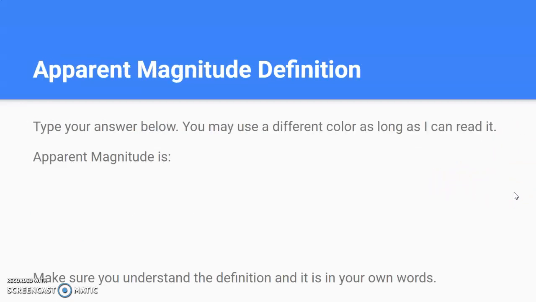Now you're going to make your own definition for apparent magnitude. You can type your answer below. Remember, make sure your definition is in your own words and you understand what it means. You can go back to the previous slide if you need help to figure out a definition.